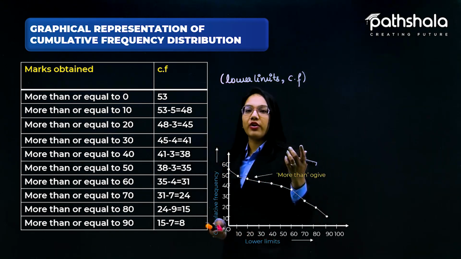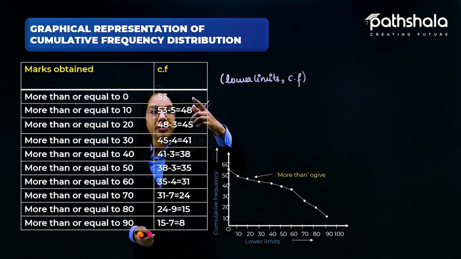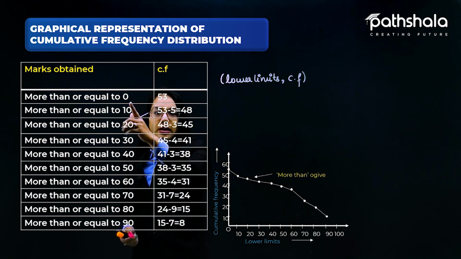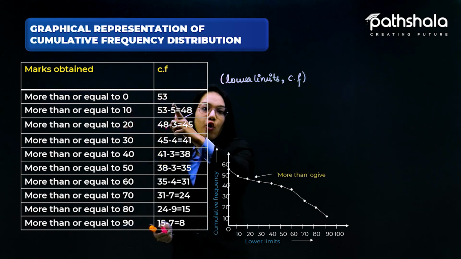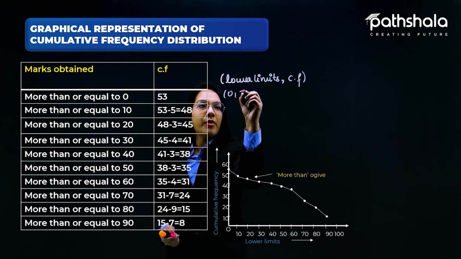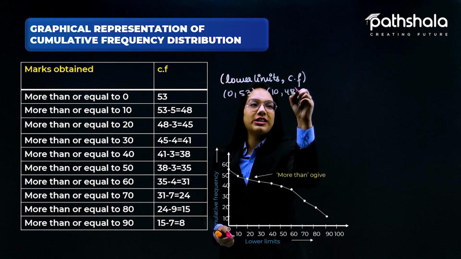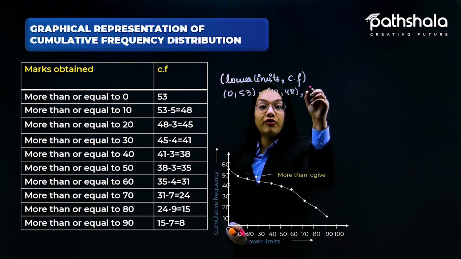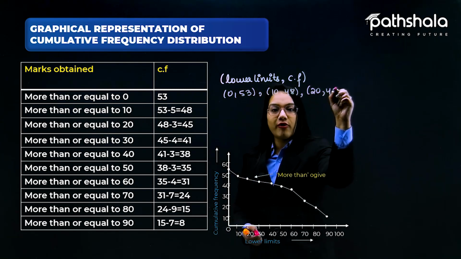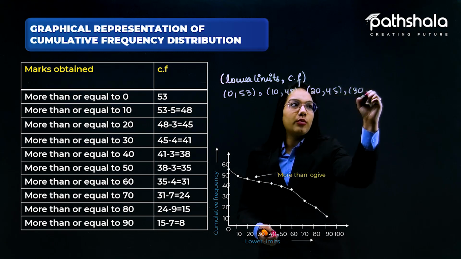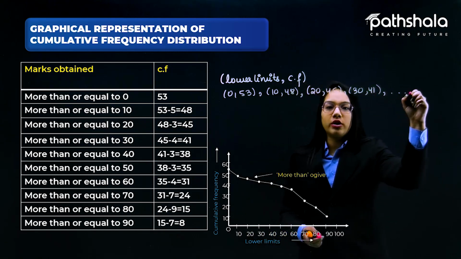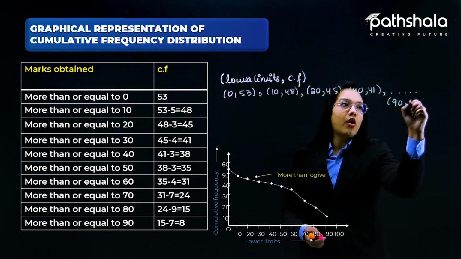As you can see here, the very first coordinate has the lower limit 0, so it would be 0, 53. The next one is 10, 48, because 10 is the lower limit. Further we move on to 20, 45, 30, 41, and so on till 90, 8.